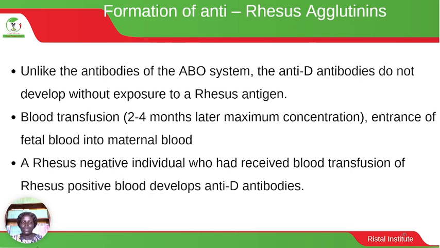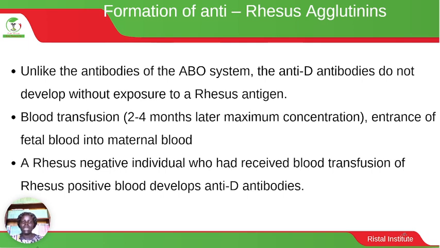After blood transfusion, 2 to 4 months later is the maximum concentration. Then entrance of fetal blood into maternal blood. A rhesus negative individual who had received a transfusion of rhesus positive blood develops anti-D antibodies. So these are the situations through which you can develop the anti-D antibodies, mainly through transfusion.